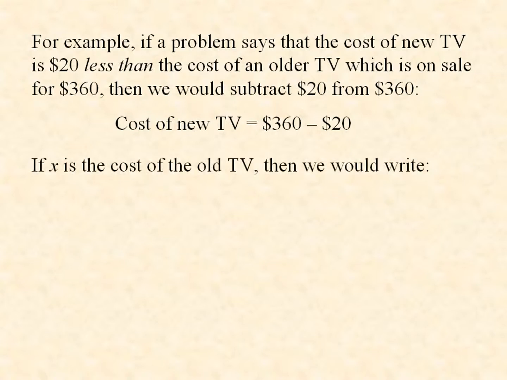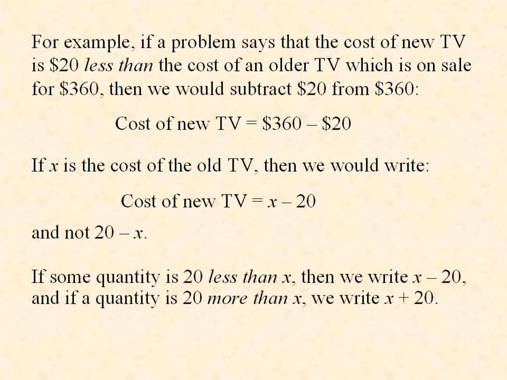If X is the cost of the old TV, then we could write the cost of the new TV is X minus 20, and not 20 minus X. If some quantity is 20 less than X, then we write X minus 20. And if a quantity is 20 more than X, we write X plus 20.